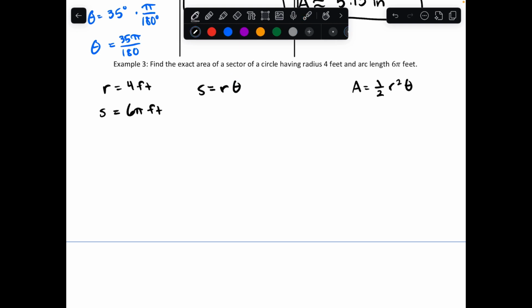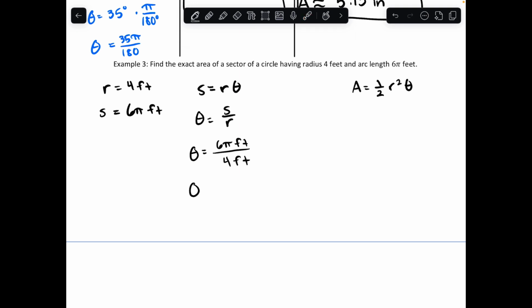We know that theta is going to be S divided by r. Plugging things in, we have theta equals 6 pi feet divided by 4 feet. And again, we've got our units canceling out with each other. And so we're just going to be left with radians, which is good because we're dealing with an angle. So simplifying this out, we're going to get theta equals 3 pi divided by 2.